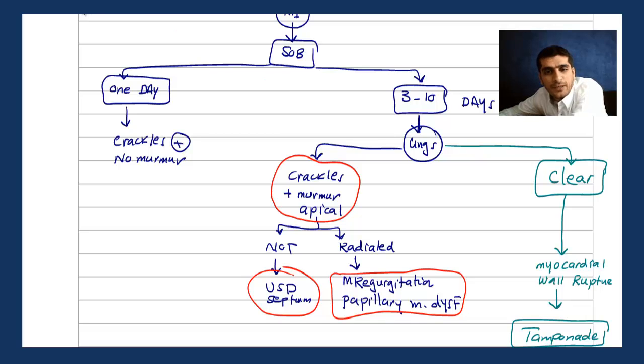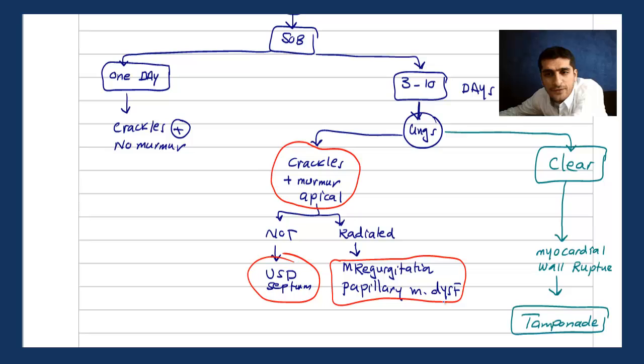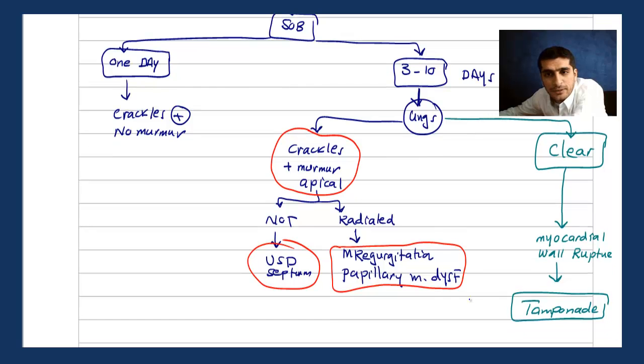Now, what do you have so far? You have around 3 or 4 differentials. For the left side differential, I will go up, all the left side. Even on day one, crackles positive, no murmurs. What is the big category?